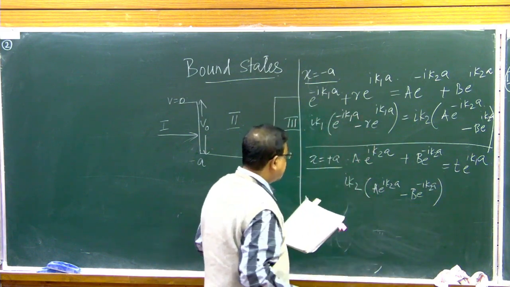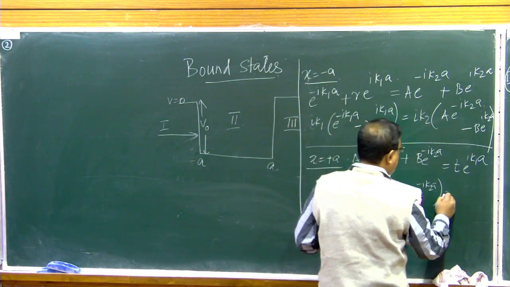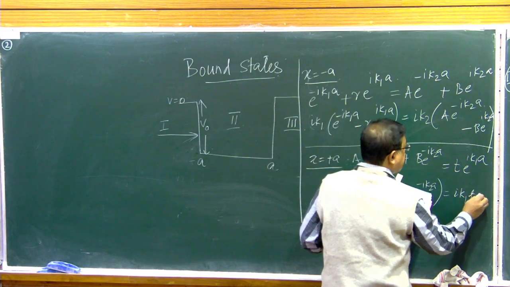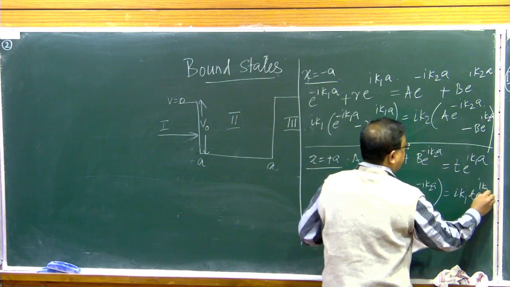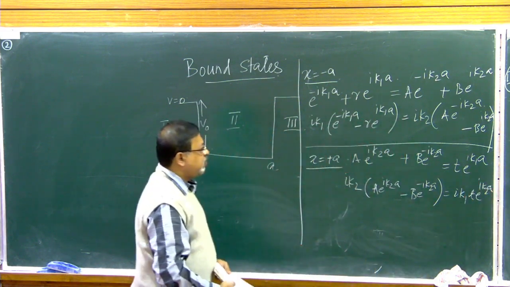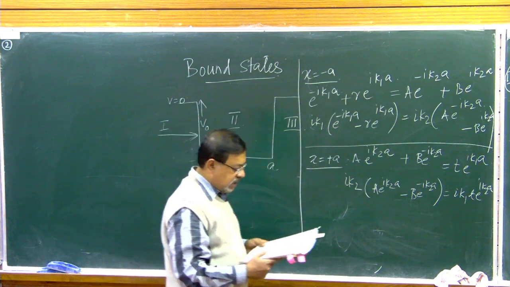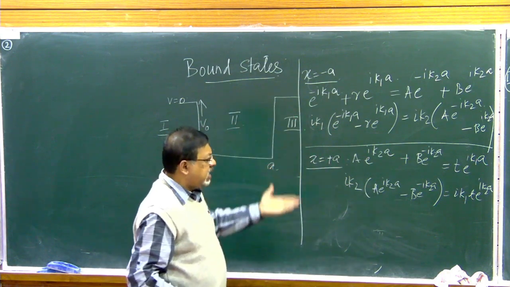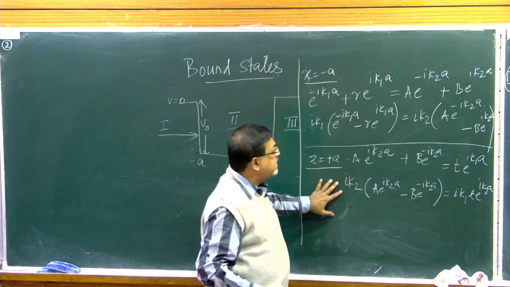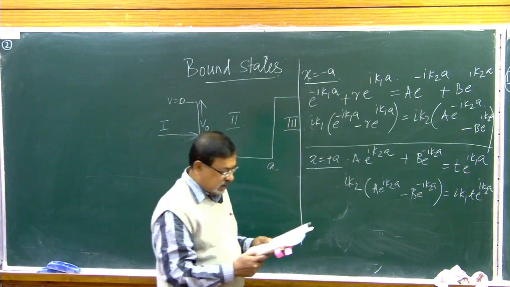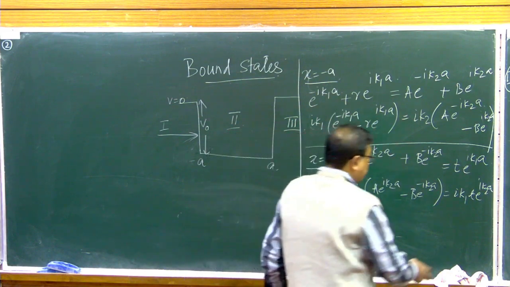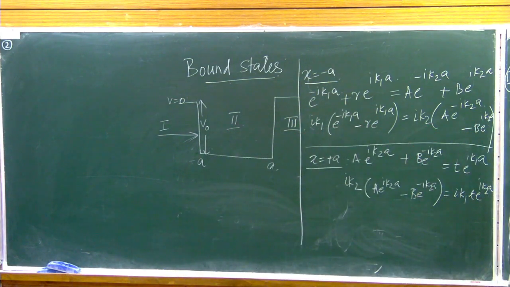That's matching the d psi dx boundary condition, and this is equal to i k1 t exponential i k1 a. Okay, so we have applied the boundary conditions at both the boundaries. What you want is mostly this r and t, which means that you have to eliminate a and b from these 4 equations, which is reasonably simple to do, and you can do that easily. I'll simply write down the final result.